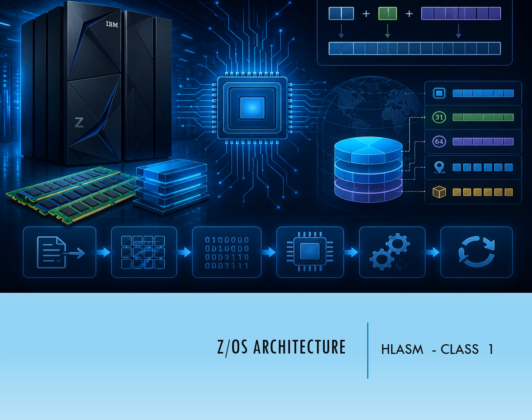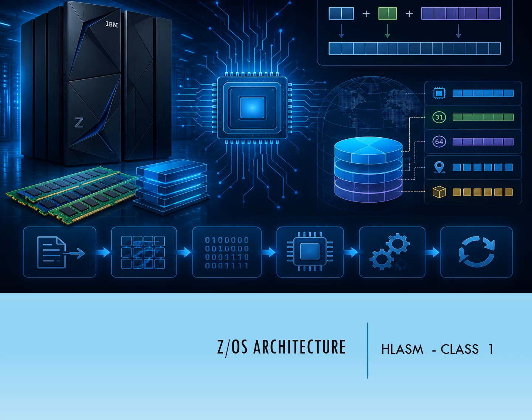Hello everyone, we are going to cover HLASM, high level assembler language. This is the assembler language that is used in IBM mainframes. We are going to have 6 to 7 classes and we will have a separate recording for each one of them.